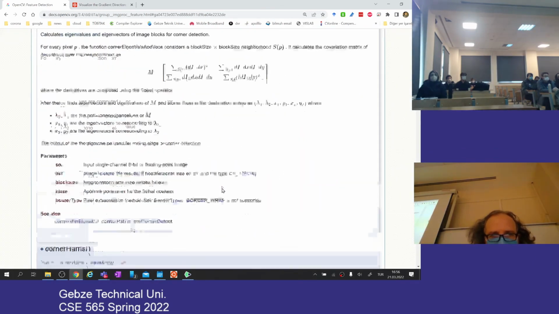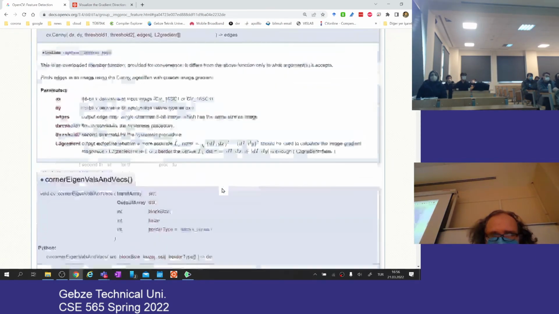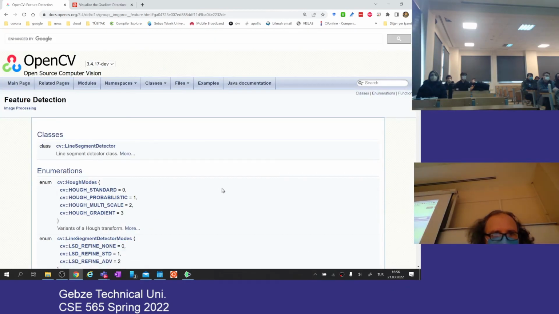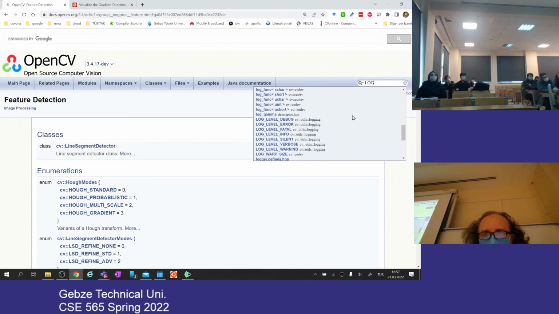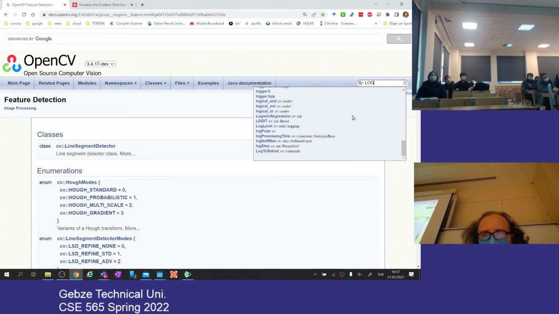Let me show you the LoG edge detector. Do we have maybe LoG? These are the logarithm stuff.